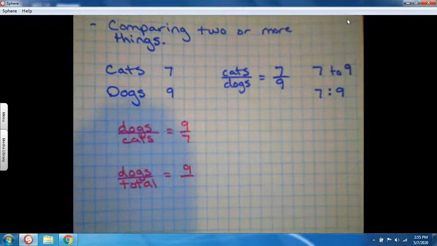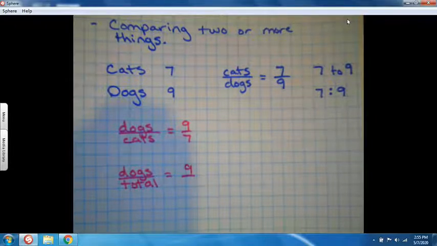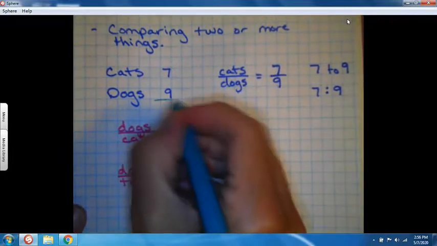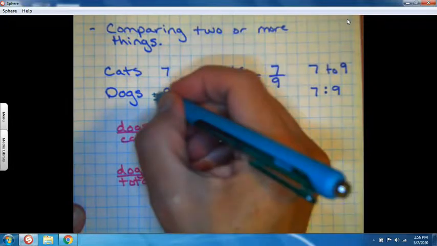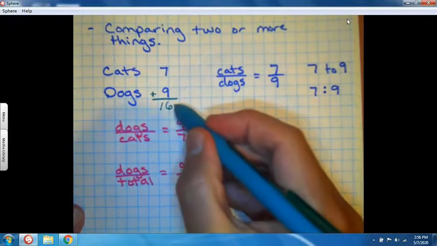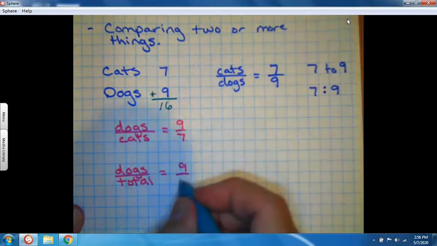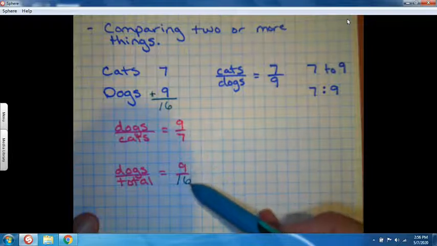Well, total means to add, right? So you have to add these two. What's 7 plus 9? 16, right? Good. So that's your total, and that goes down there. So for every 9 dogs, you have 16 total animals.